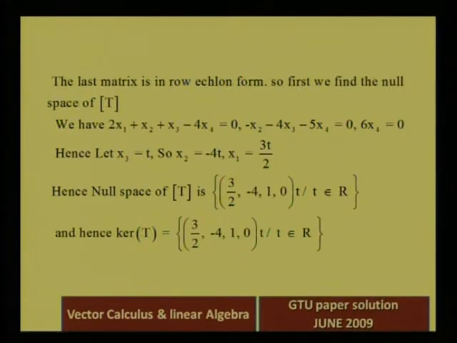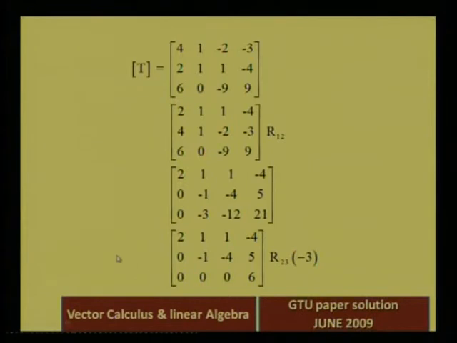Hence x4 is 0. Now, in which column don't we have a leading entry? In the first column we have a leading entry, in the second column we have a leading entry, and in the fourth column we have a leading entry.